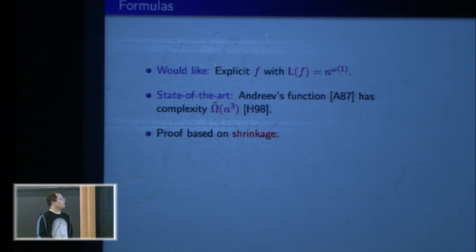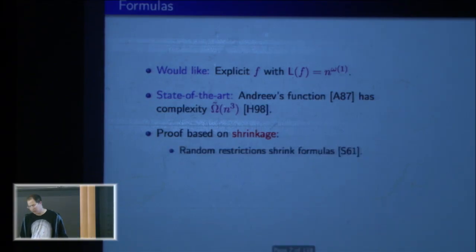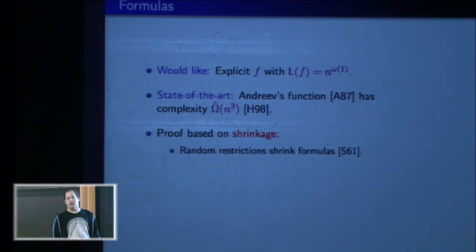And the proof of this lower bound is based on a shrinkage argument. So let me just say, it's not necessary for this talk, but I will mention it briefly. The basic observation is that if you take a formula and you apply a random restriction to the variables, which means that you take a random set of input variables and you fix them to random values, then it makes the formula shrink much more than you would expect by a naive argument.